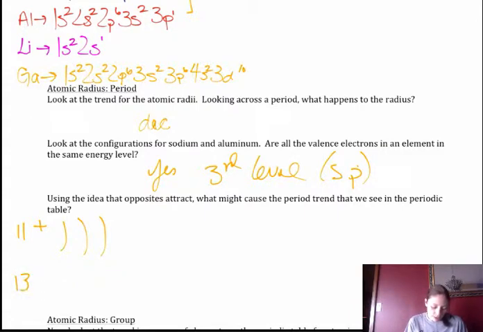Whereas aluminum has 13 positives, and it still has those kind of 3 energy levels. So what's going to be just a stronger positive pull? 11 positives or 13 positives? Well, 13 is a larger number. So if I have 13 people pulling on something, that's a lot stronger than 11 people pulling on something. And think of it that way, because they both have electrons in the same distance away, that third level. So that's why aluminum is smaller in size.